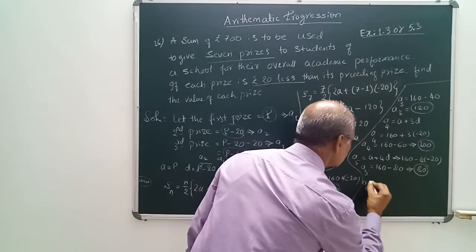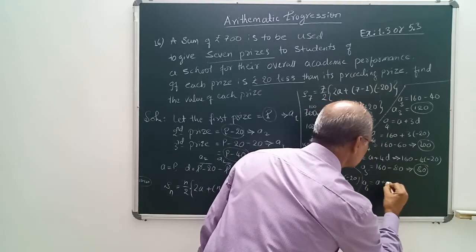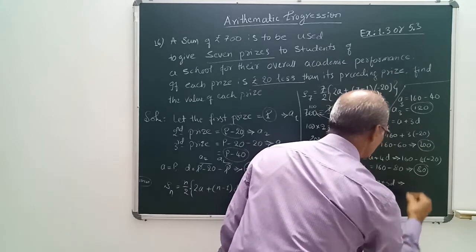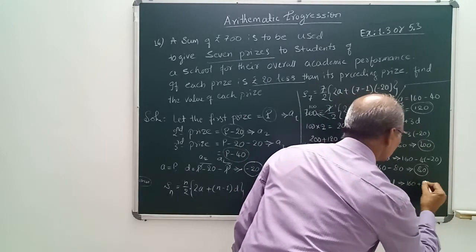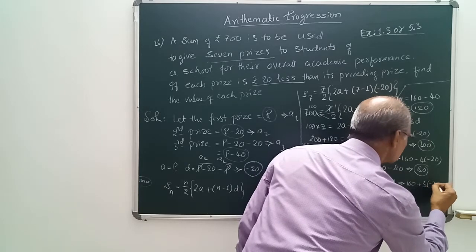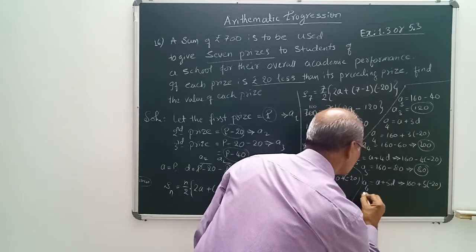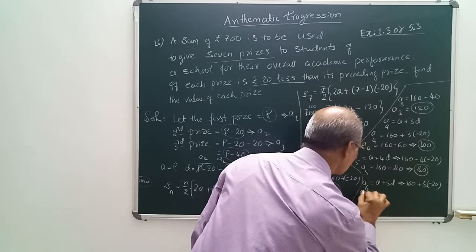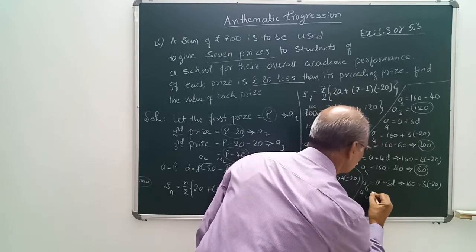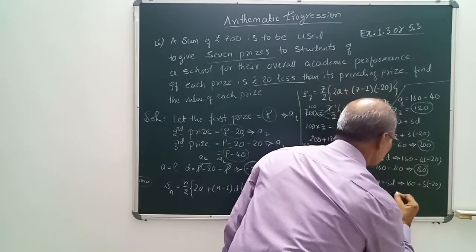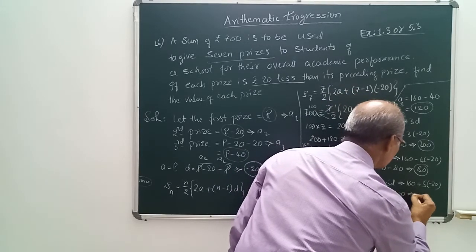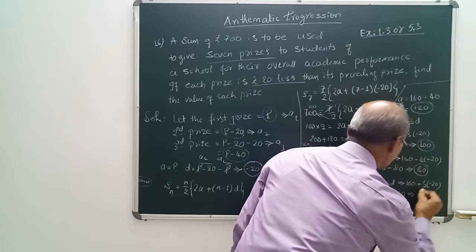A6 is equal to a plus 5d, that means 160 plus 5 into minus 20. So here A6 is equal to 160 minus 100, that is 60.